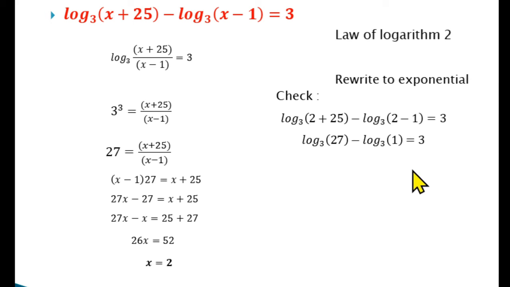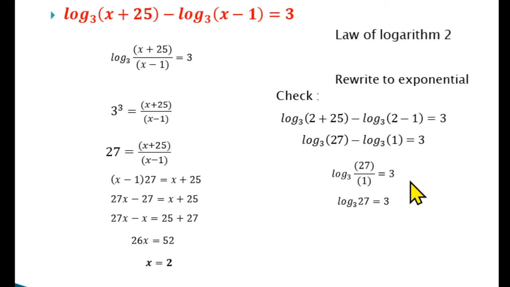Applying the second law of logarithm, we have the logarithm of 27 divided by 1 base 3 equals 3. 27 divided by 1 is 27, so we have the logarithm of 27 base 3 equals 3.